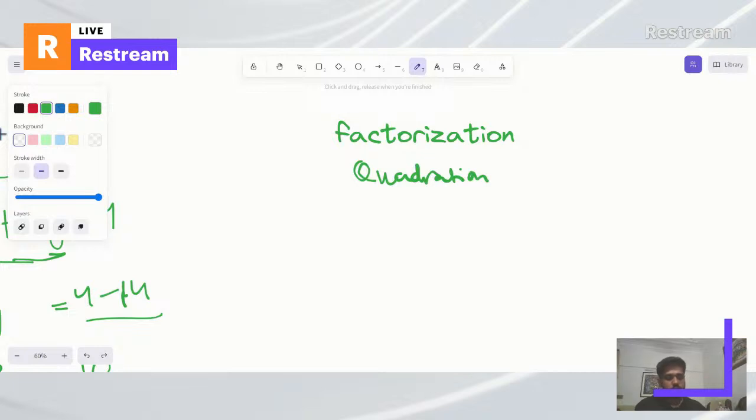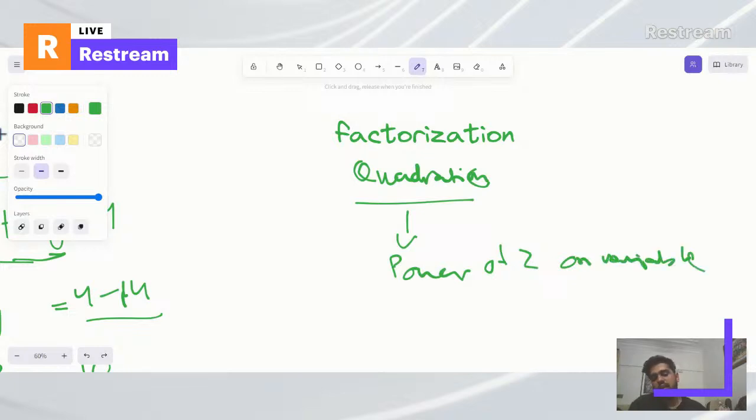All right, so a quadratic equation is something which has a power of 2 on the variable. A quadratic expression is something which has a power of 2 on the variable, right?